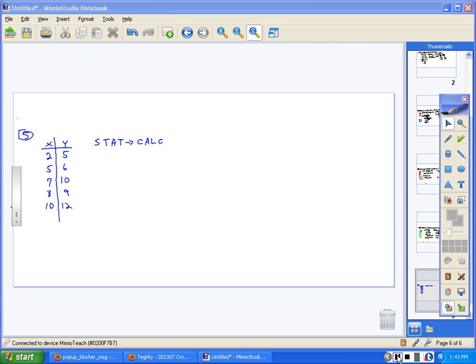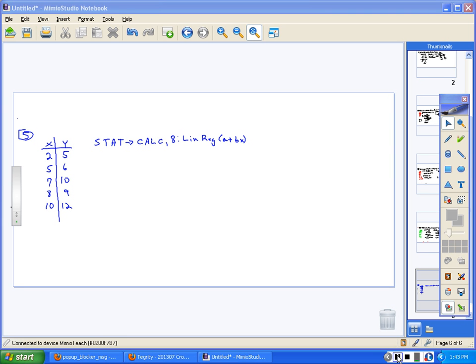You can scroll down to 8, but it's quicker if you just push the number 8. And 8 on my calculator says LinReg, which stands for linear regression, a plus bx. So that's the version that we're going to use. On some calculators, it's a little bit different. It might be a 9 or something else, but it's LinReg a plus bx.